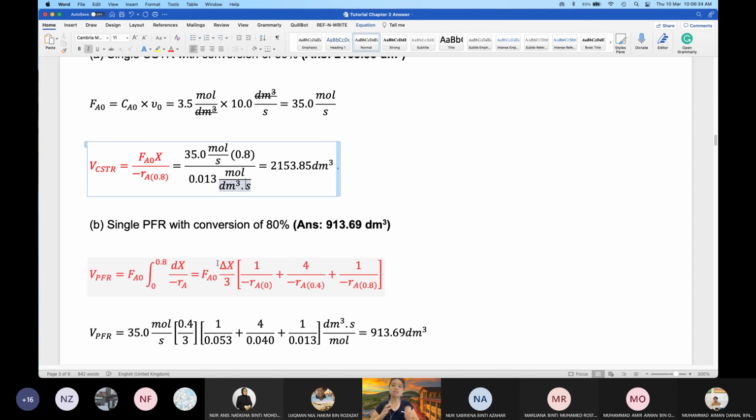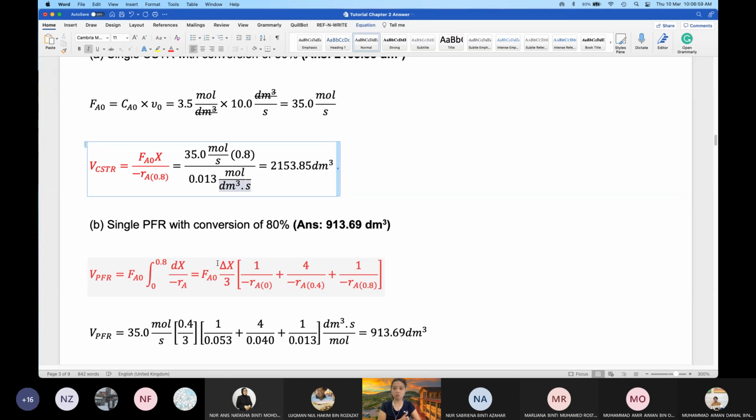Okay, so let's discuss part ni. Sebab Simpson 1/3 rule, kamu kena ingat, kita kena divide x kita. So initial x kita 0, final x 0.8. Hence my middle x will be 0.4. So middle x tu kamu kena tahu sendiri macam nak cari titik tengah dia. 0, 0.8, middle x 0.4. Delta x is the gap or the difference between initial x to middle x.